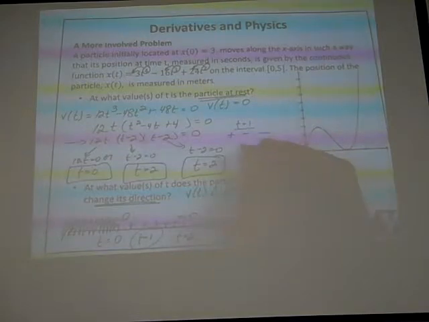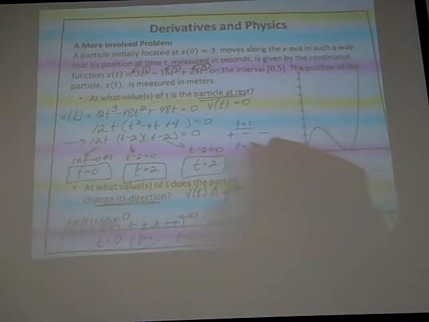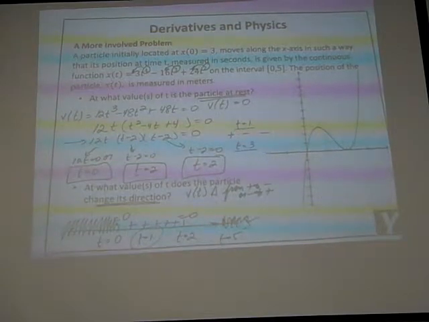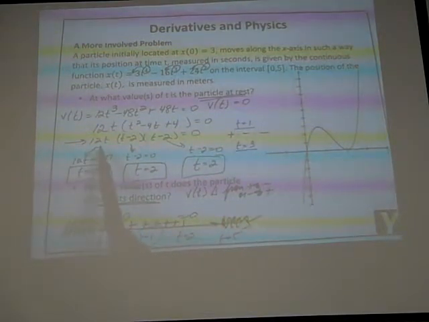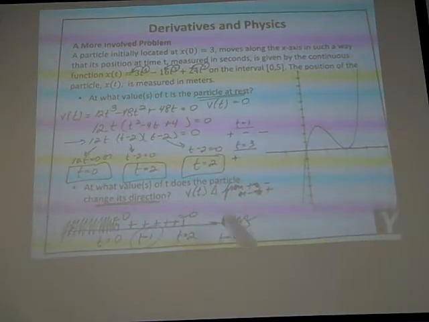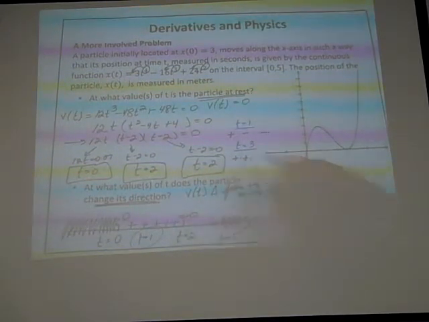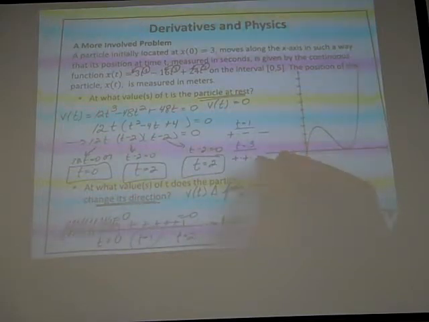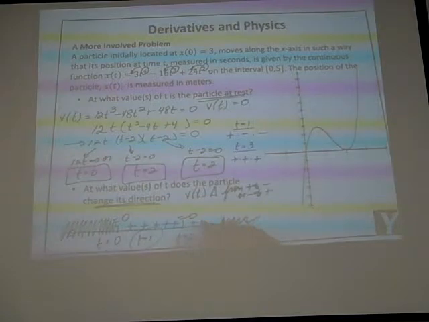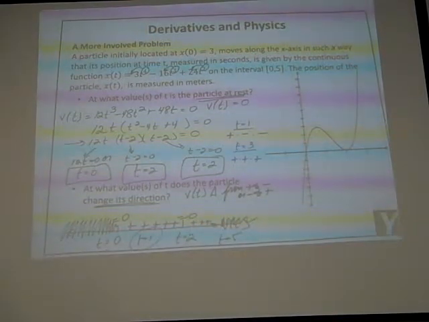Now, what about something between 2 and 5? For example, t equals 3 could be my test value. Let's go back to the factored form and plug in 3. 12 times 3 is positive 36. 3 minus 2, positive 1. 3 minus 2, positive 1 again. Positive times positive times positive is positive.